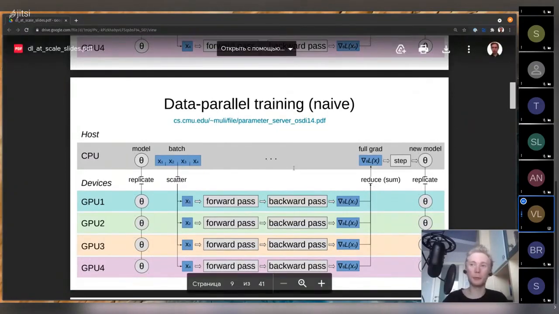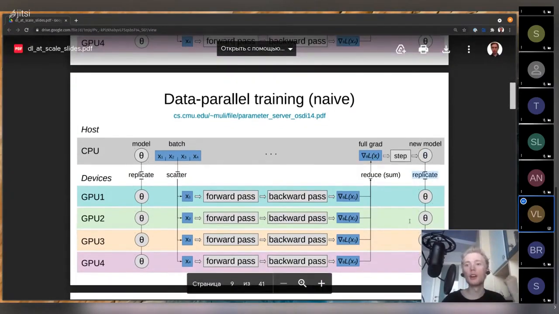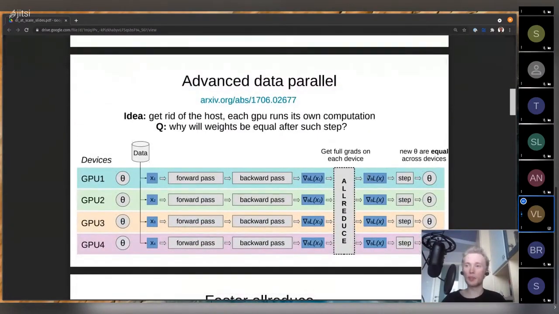So this is one way to make sure that after the central node does this and sends it back, replicates it back to all of the nodes, we end up with the same value. But it doesn't have to happen with a central node. And the reason why we are decomposing it into this separate magical box is because this problem has been solved a lot of times previously in the field of parallel computing.